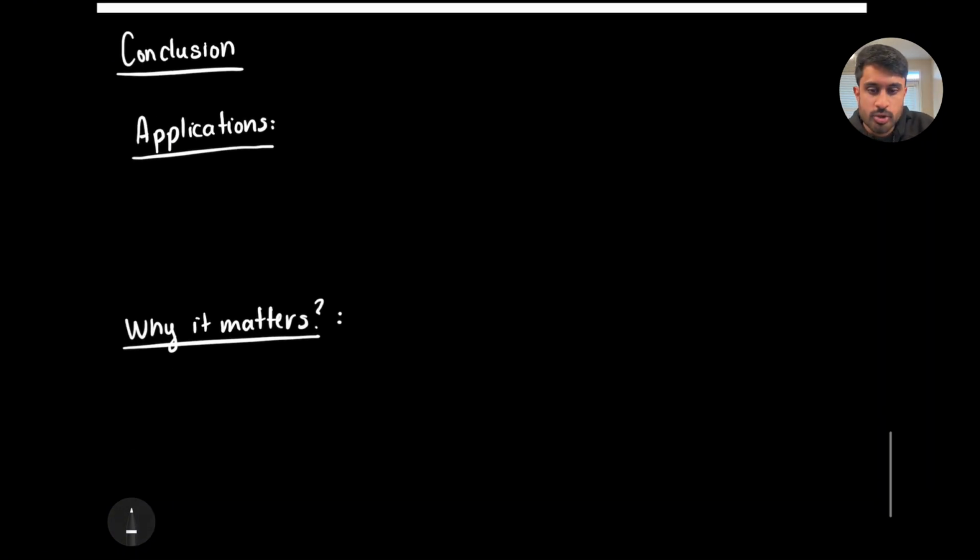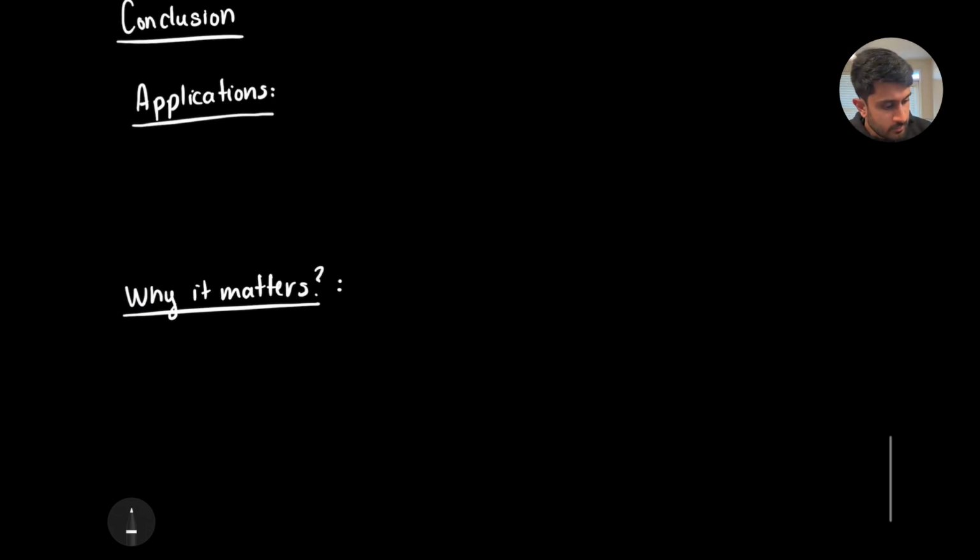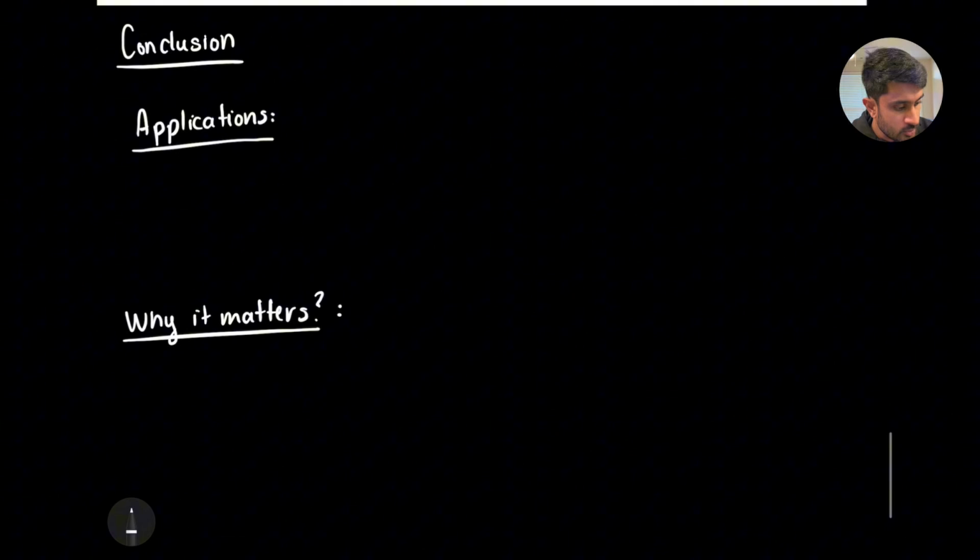So in conclusion, what can we really do with electric fields? There are a couple of different applications that we can use. The first and main application is capacitors. Capacitors are extremely useful tools, and they help us hold charge at different points within a circuit, and we can use them for energy storage.